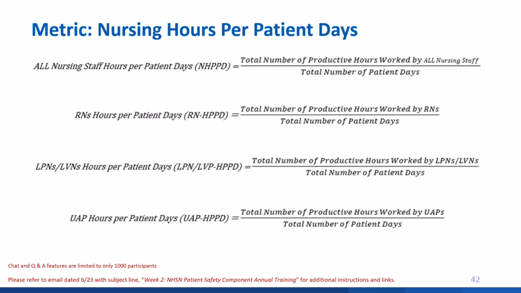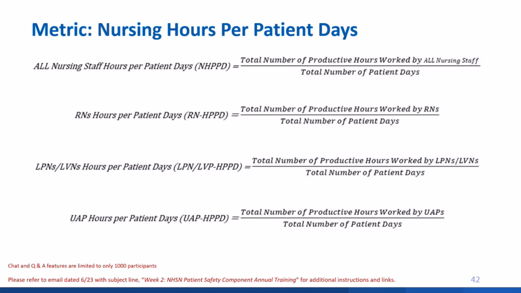So the different metrics, you have all nurse staff hours per patient day. So that takes the productive hours by all nursing staff and divides them by the total number of patient days that you entered. And a similar way is available for RNs, LPNs, and UAPs.